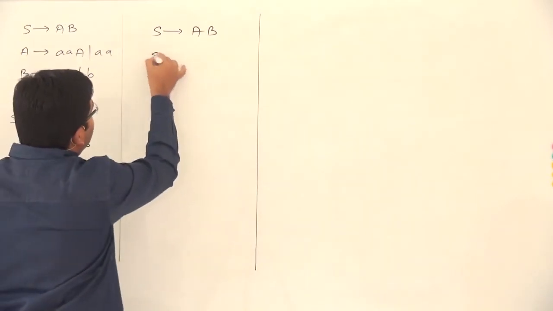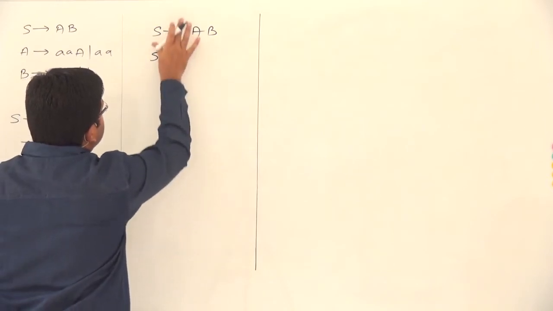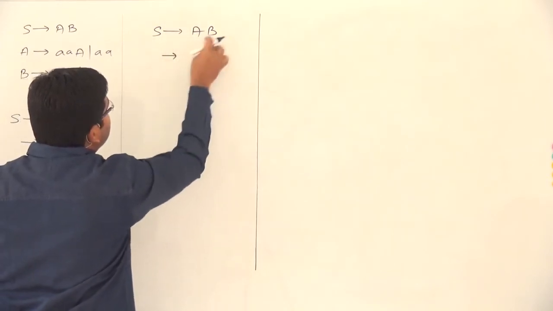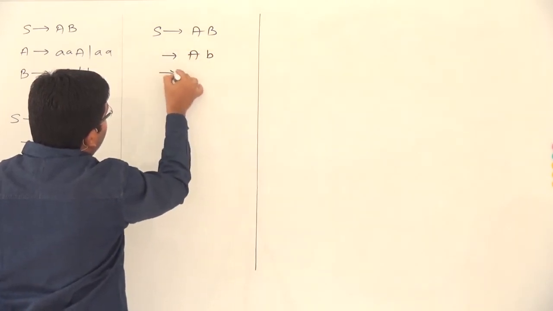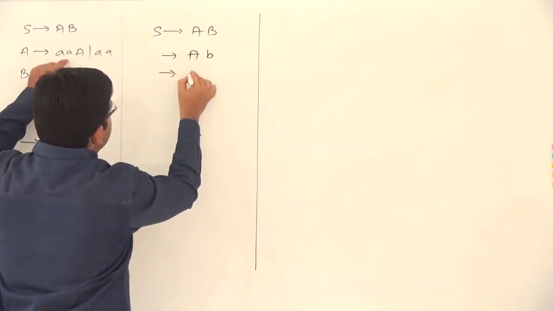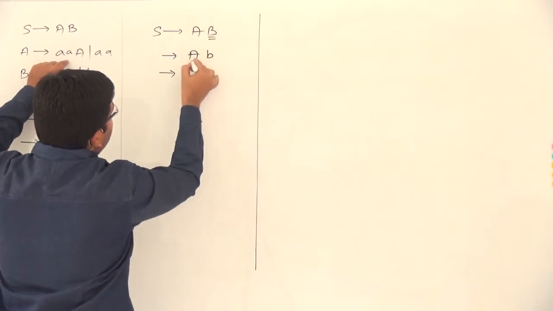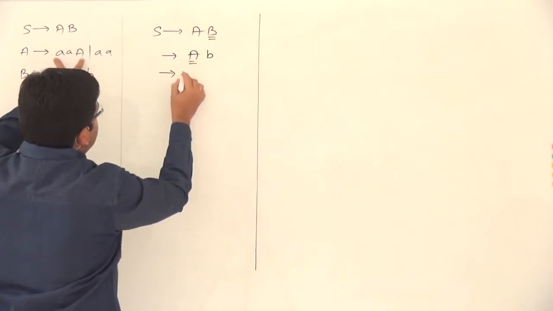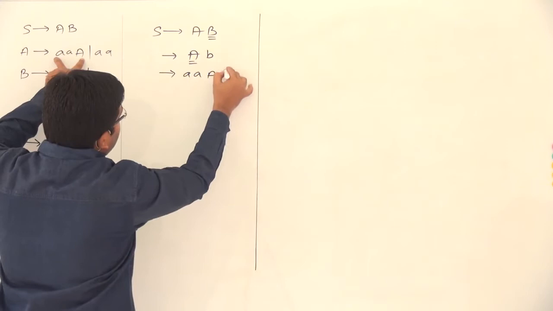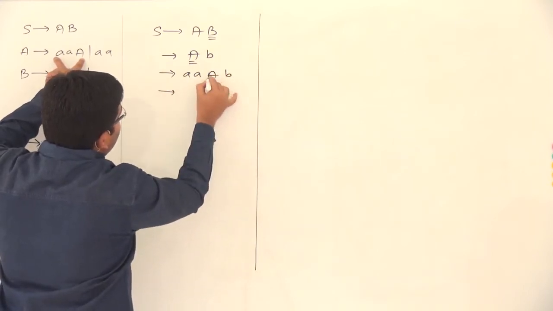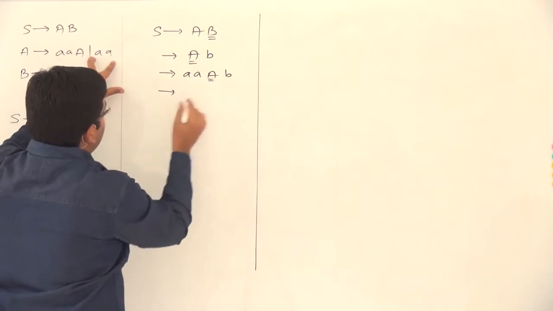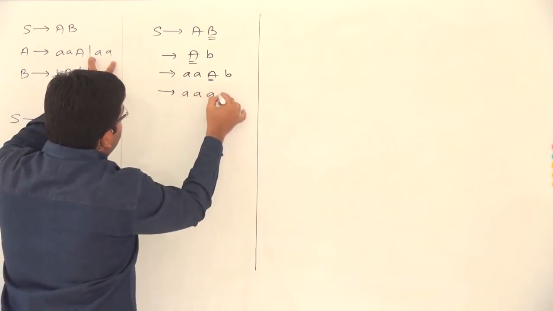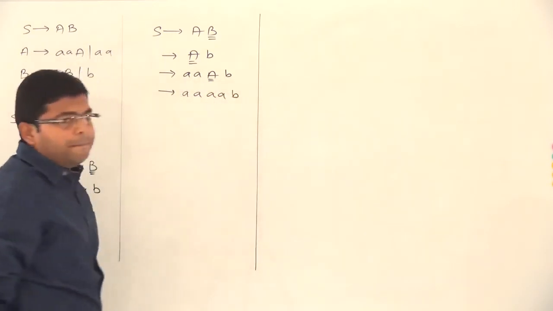Then in the second derivation we will replace this B with small b, so it will be Ab. Then we will replace this A with the first production, so AA, and then b, and then again we replace this A with the second production, so it will become aab.